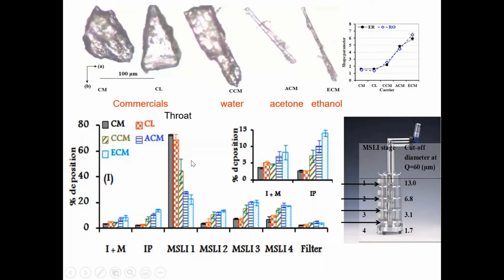When we did deposition studies, this shows that the more elongated particles or carriers can deliver drug better than other formulations. And you can see the less elongated particles. You can see that this is the throat area, commercial mannitol and commercial lactose performing poorly, whereas elongated particles perform very well. And most of the drug can find its way into the deeper airways.